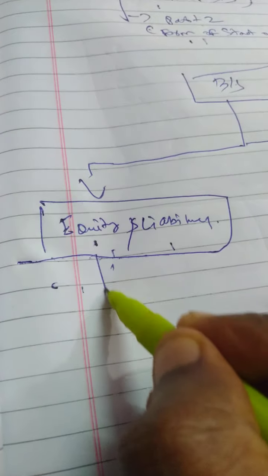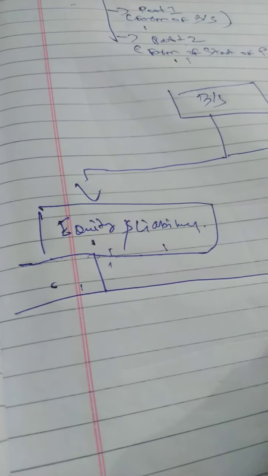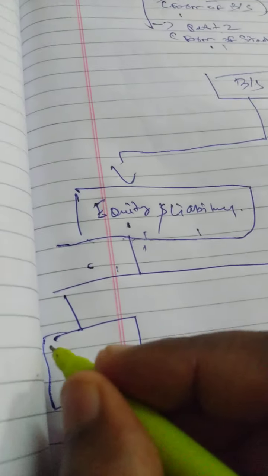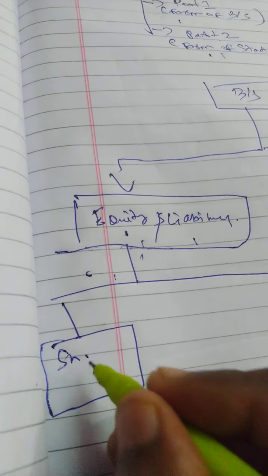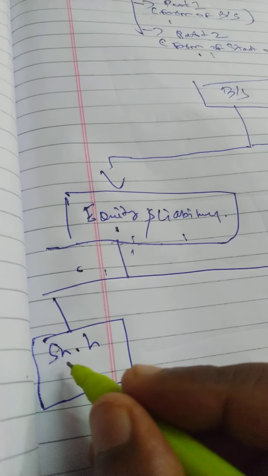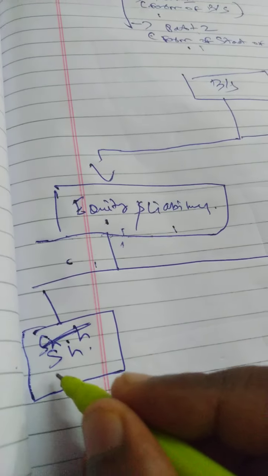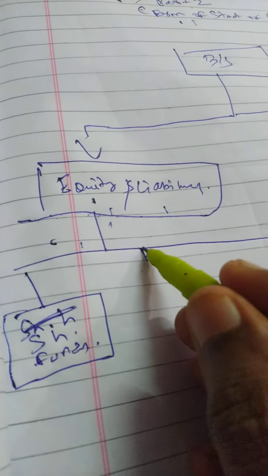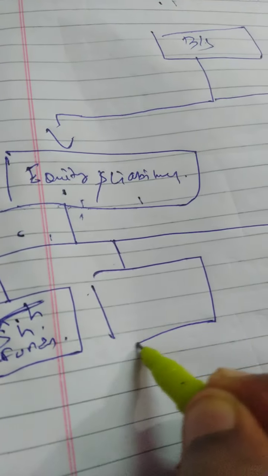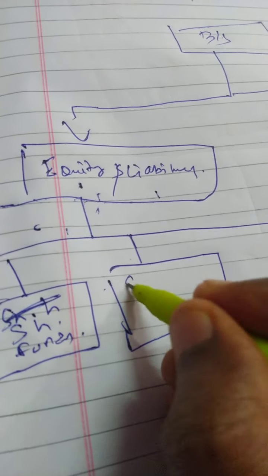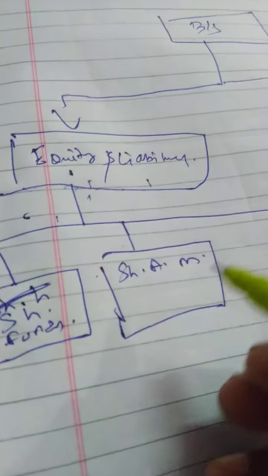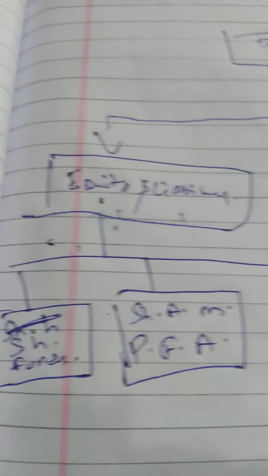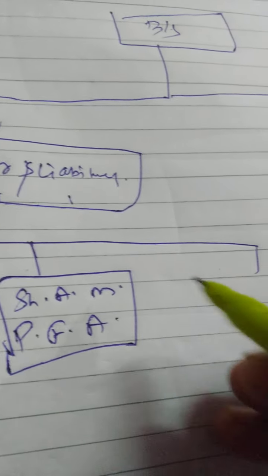This is the heading for the liabilities and assets. Under the equity and liabilities, you have subcategories, means broad headings. One is shareholders funds. Okay, we will discuss what is shareholders fund, what is all those things, in detail. Then share application money pending for allotment.